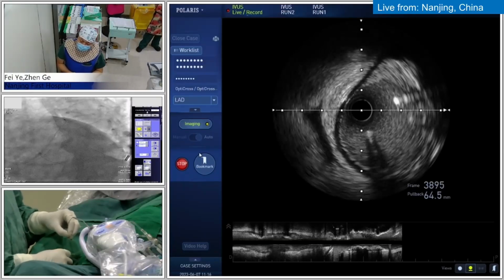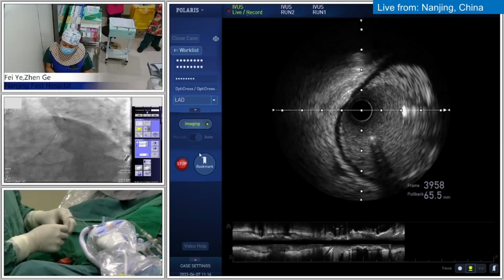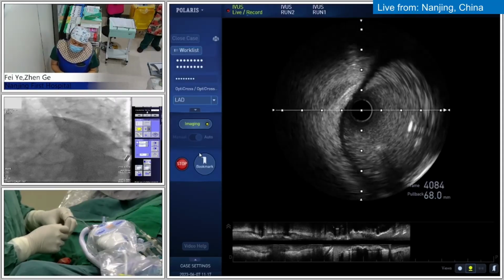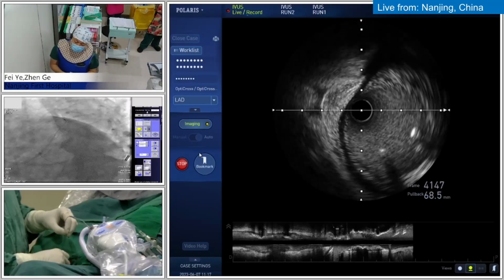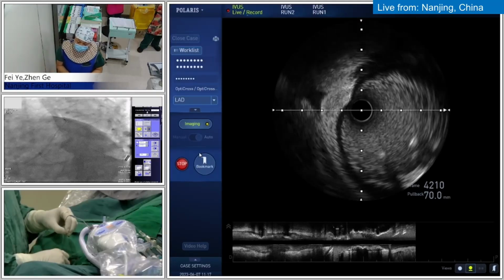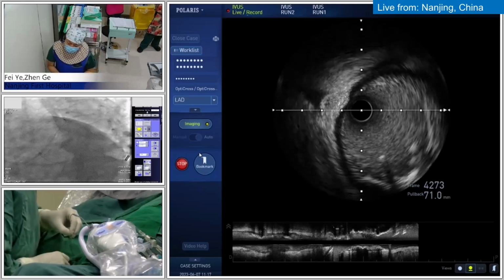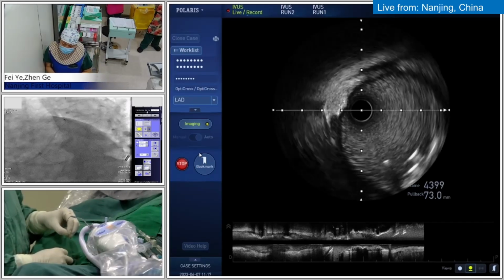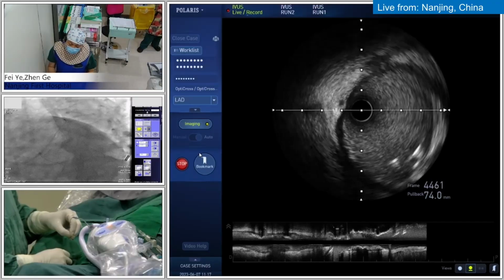At this point, the lumen diameter is more than 4.0. The left main is very long.